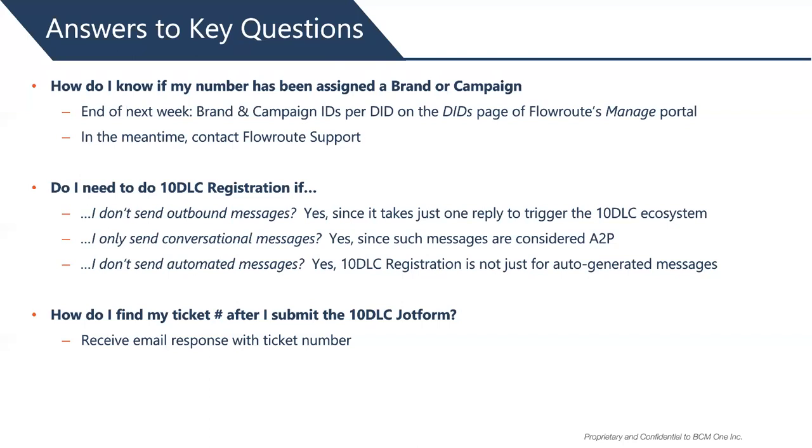Again, May will walk you through that here shortly. So the short answer to all three questions is they do require 10DLC registration. For ticket numbers related to an actual 10DLC registration that you have submitted through our jot form, you will receive an email response once you complete the jot form, and that email will have the ticket number connected with your submission. Next slide, please.